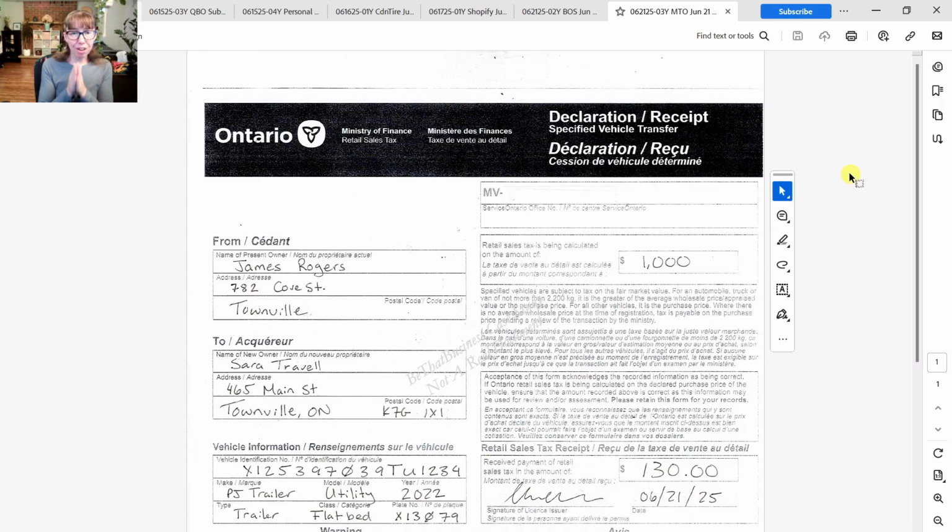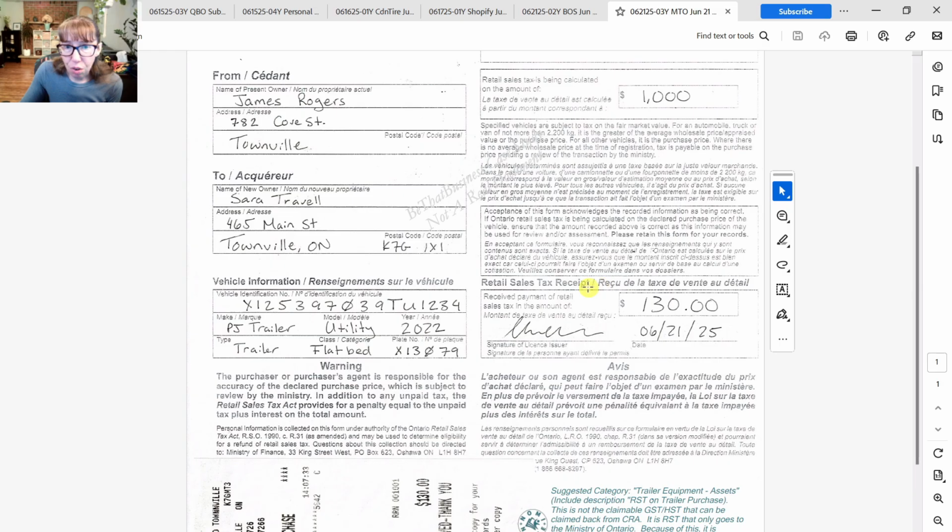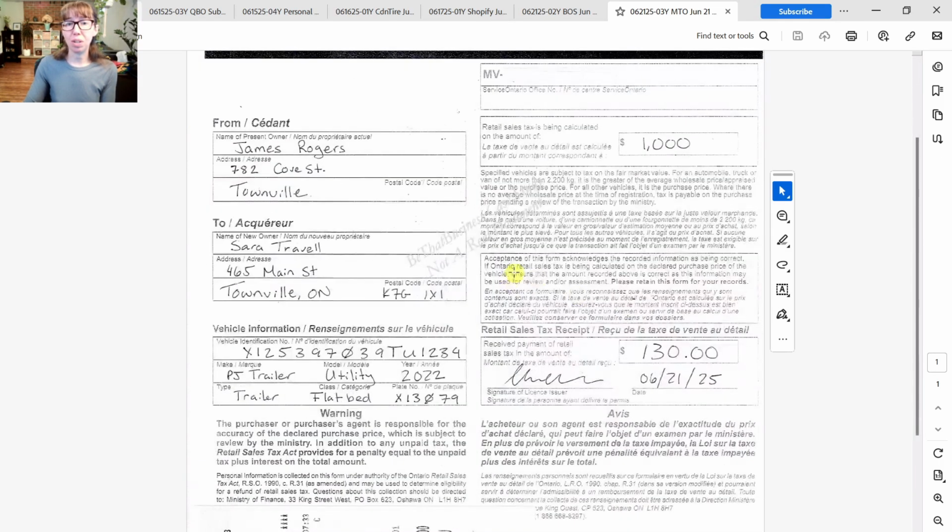What is very, very interesting and unknown to people about this is that the sales tax that we're paying at MTO is not GST, it is not HST. It is RST, retail sales tax. And RST goes to the province. This is going to go to Ontario.